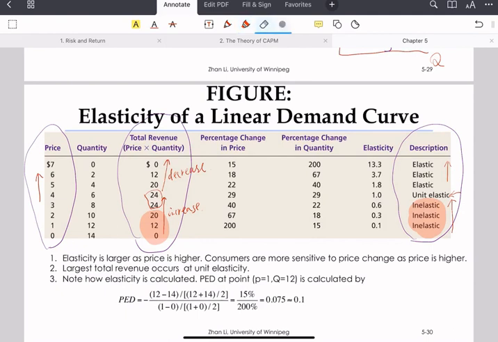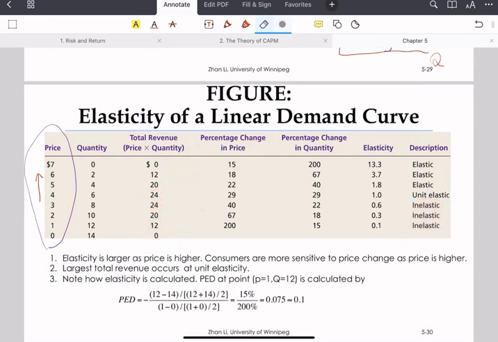And if you look at this unit elastic case and these two numbers, it shows that when the demand is unit elastic, as you increase price from 3 to 4, total revenue stays at $24. Again, we have learned about this. Total revenue stays the same if the demand curve is unit elastic, even if you increase your price.